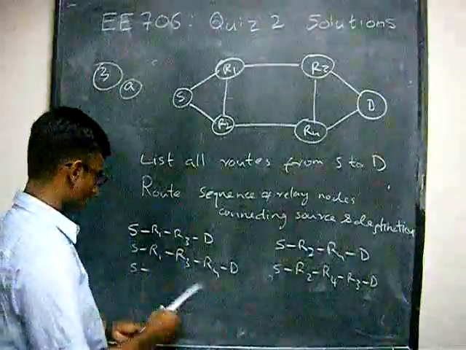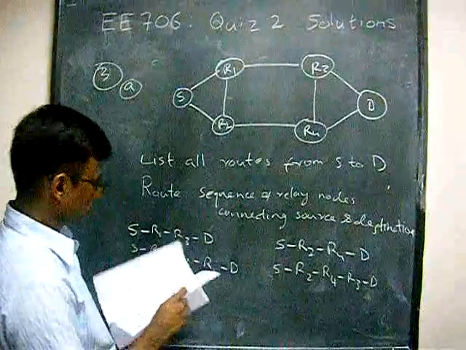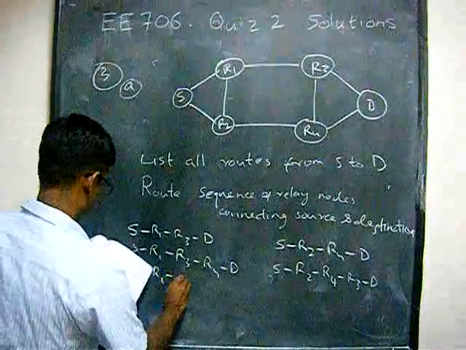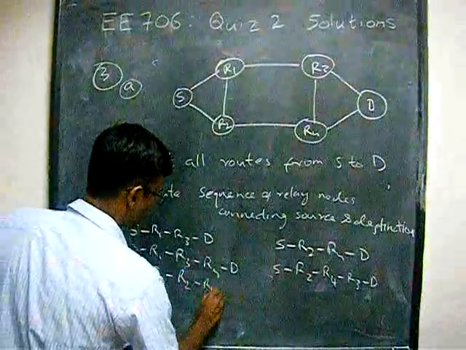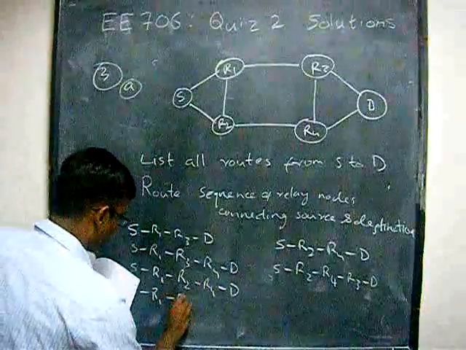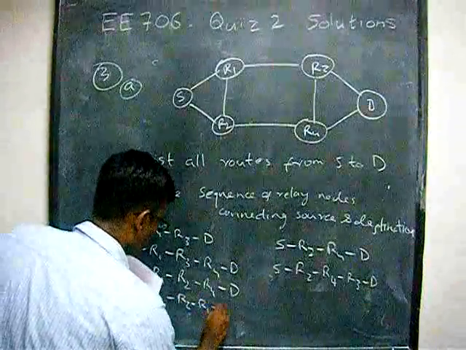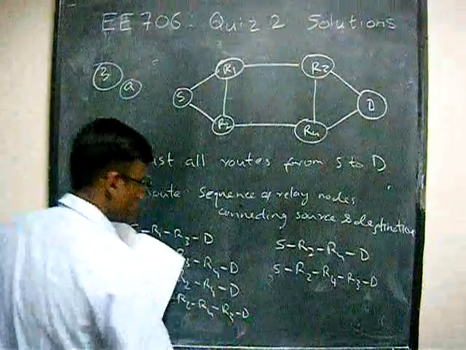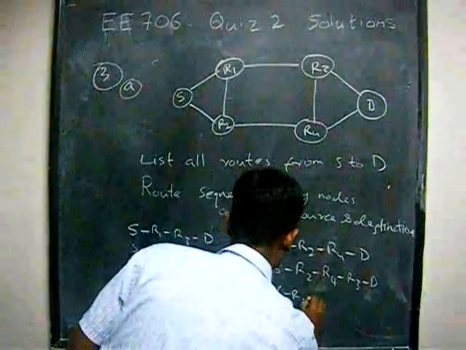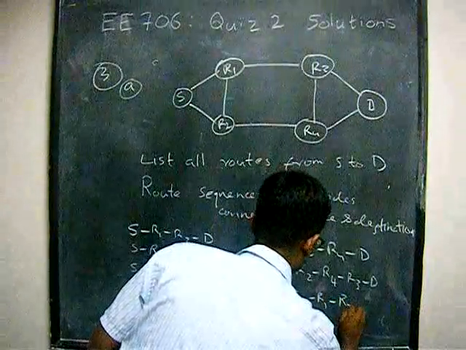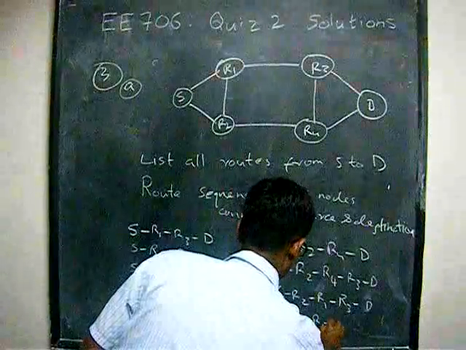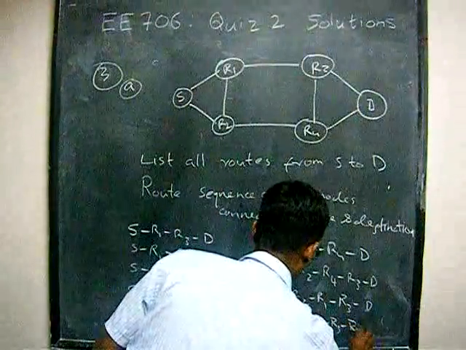Then there are a few more routes: S, R1, R2, R4, D, and S, R1, R2, R4, R3, D. And the corresponding routes for R2: S, R2, R1, R3, D, and S, R2, R1, R3, R4, D.